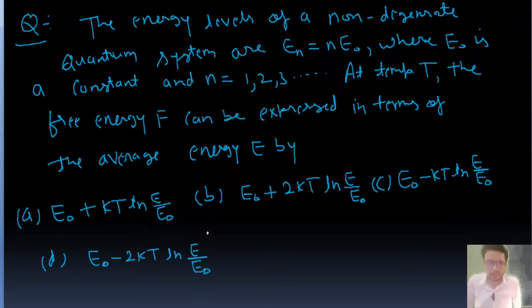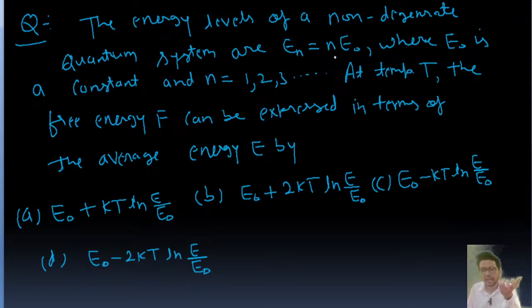It's a good question. Okay, so I'll explain the question first, and after that I will solve it. The energy levels of a non-degenerate quantum system are En equal to n E naught.